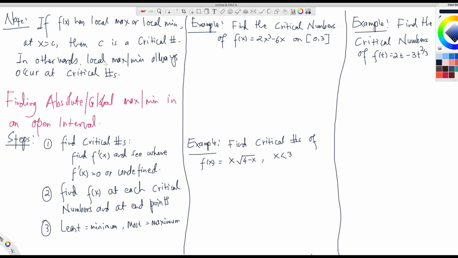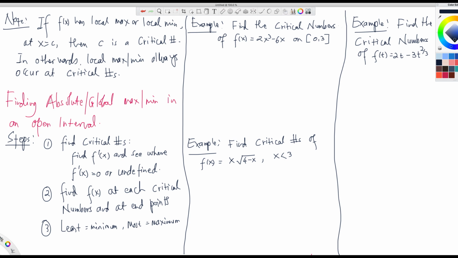In other words, local max or local min always occur at critical numbers, okay? But if there is a critical number, there may or may not be a local max or local min. The converse is not always true. But if there is a local max or local min, it must always be at a critical point of a function, okay?